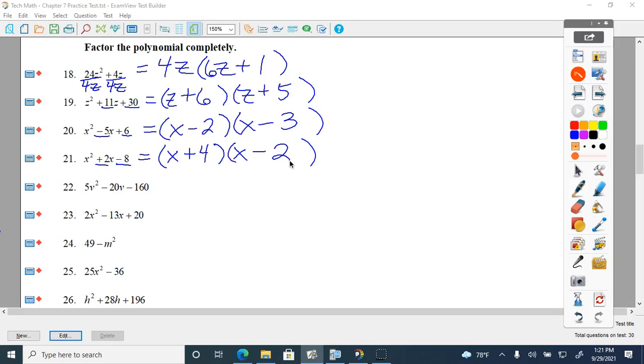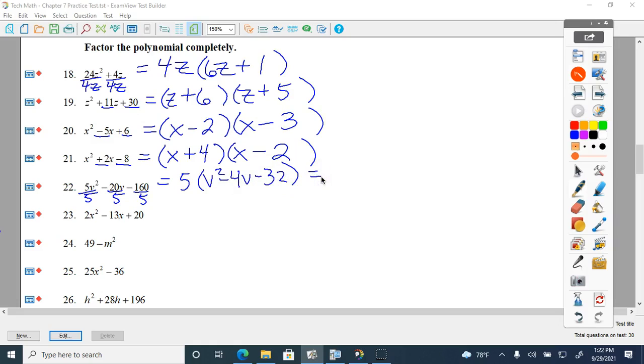All right? Number 5, the answer to the question we've been asking first on the first 4 has been no. But now when we get to 22, the answer is yes. What is a greatest common factor? 5. So I need to take out the 5. Okay? Divide by 5, divide by 5, divide by 5. We get v squared minus 4v minus, let's see here, that'd be 32.